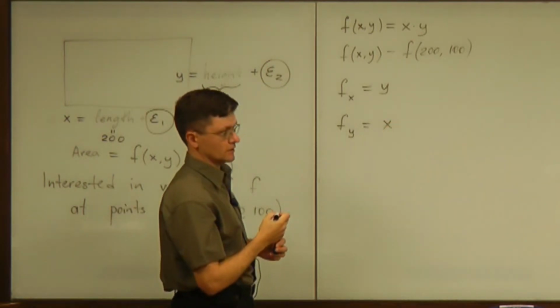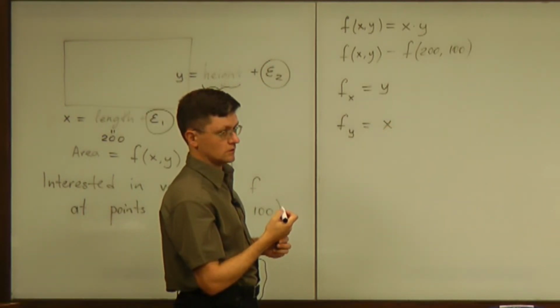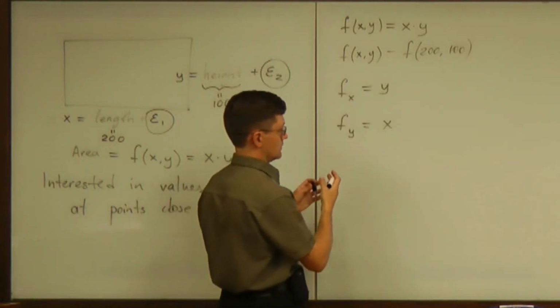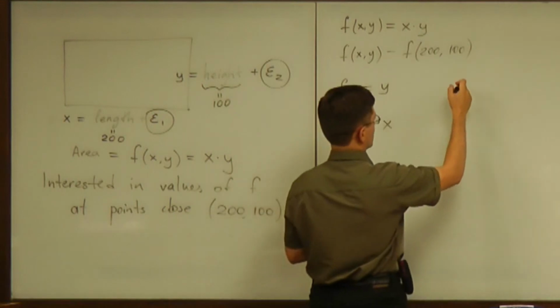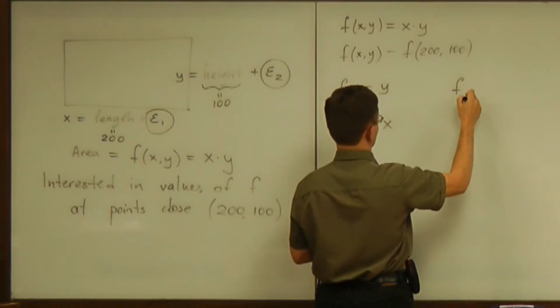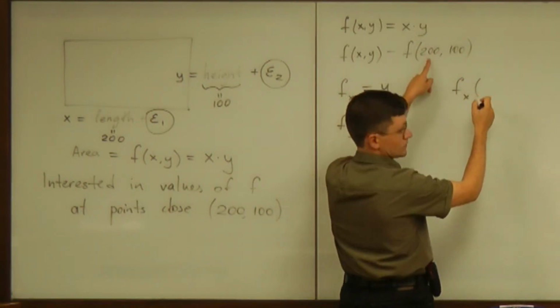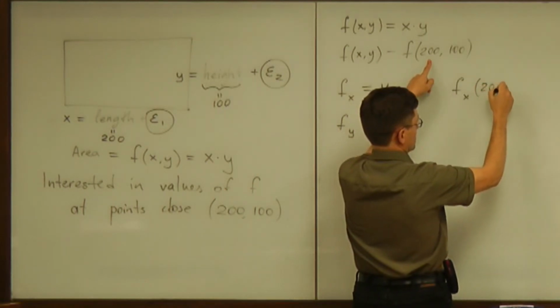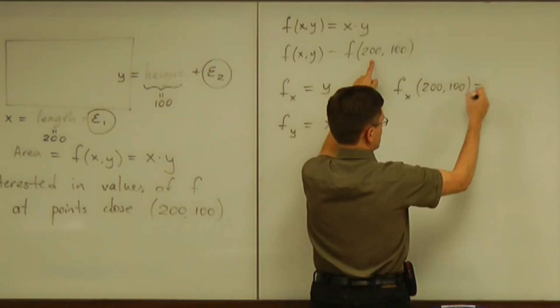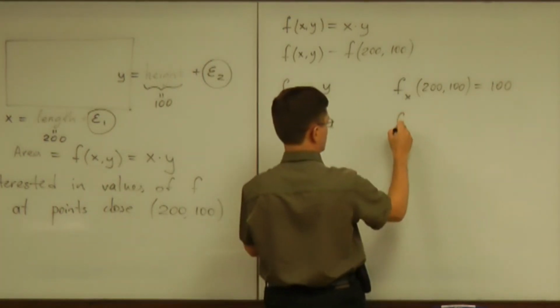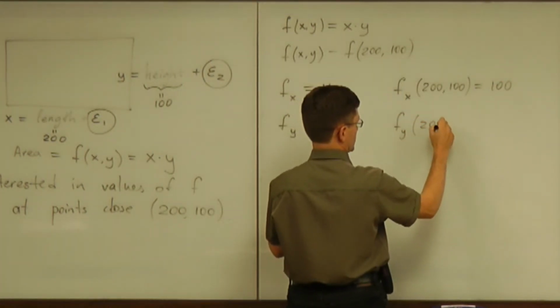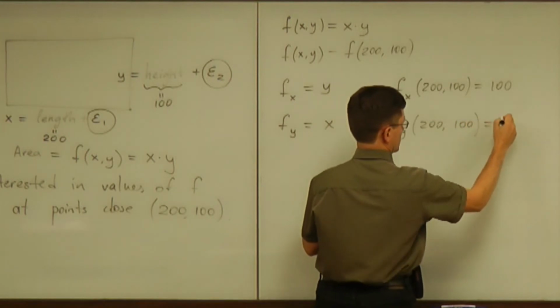And what is it that we make? Well, we put them together after evaluating, right? Fx at that point of interest is what? 100, and Fy at that point is 200.